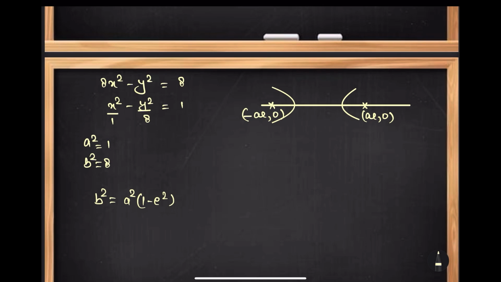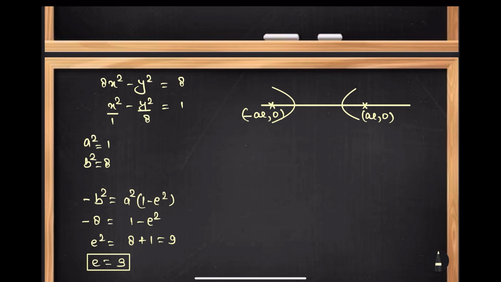Now, the point is this relationship is valid for ellipse, not hyperbola. So what's the change? The change is we replace b square with minus b square, correct? So minus 8 equals 1 minus e square. So e square is what? 8 plus 1, that is 9. So e will be equal to 3. Correct? So we got our e.